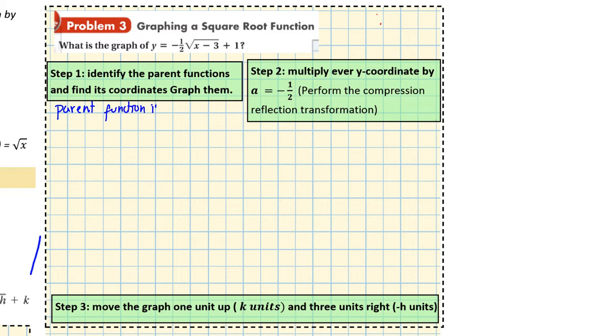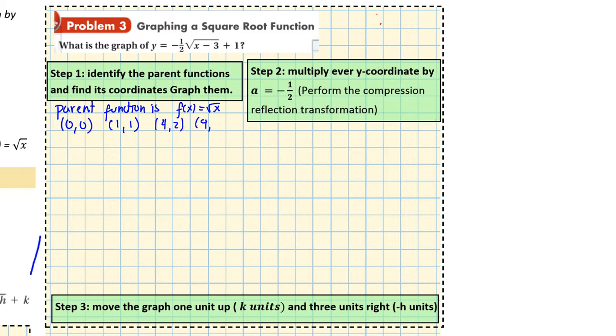And the cool thing about it is that we can actually use the coordinates that we found in problem number 1 in this as well. And those coordinates are, in order, 0, 0, 1, 1, 4, 2, and 9, 3.